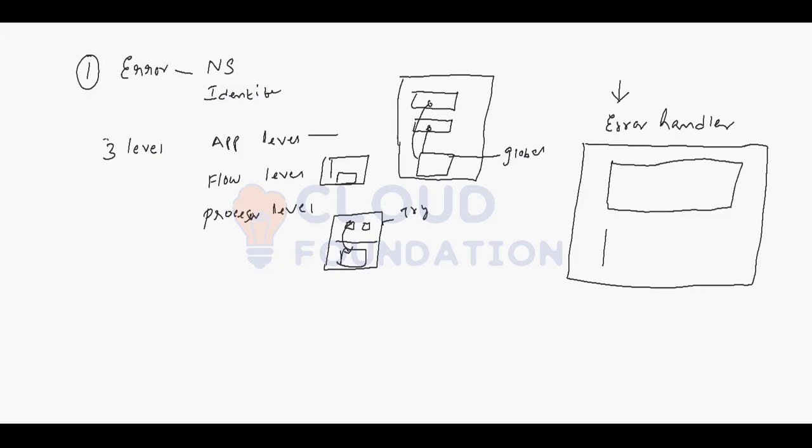Inside the scope, we define our error handling logic, what to do when an error occurs. There are two types of scopes: the on error continue scope and the on error propagate scope.